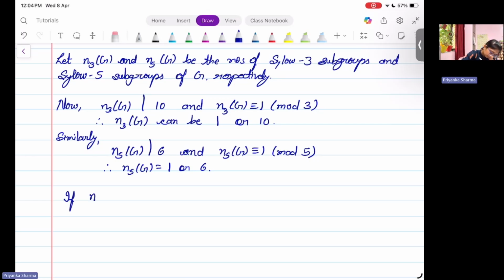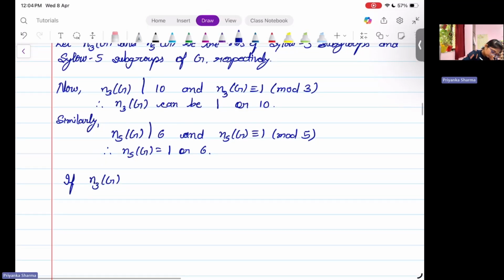If N3G is 1 or N5G is 1... See, here we have two choices for N3G. That can be 1 or 10. Similarly, we have two choices for N5G. Either that can be 1 or 6.